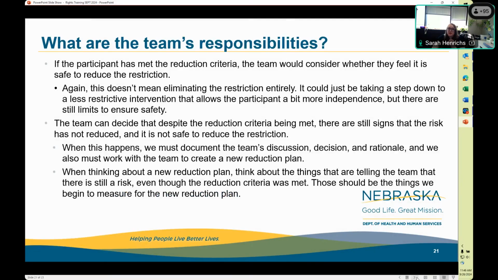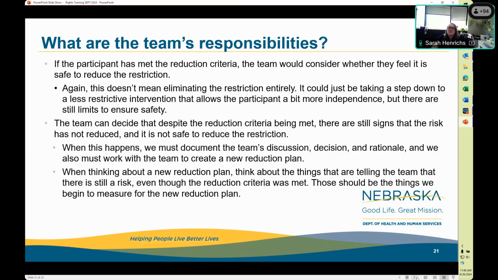This does not mean eliminating it entirely, and it does not mean that the team is obligated to reduce the restriction. The team can decide that even with the reduction criteria being met, there are still signs that the risk has not reduced and it is not safe to reduce a restriction.